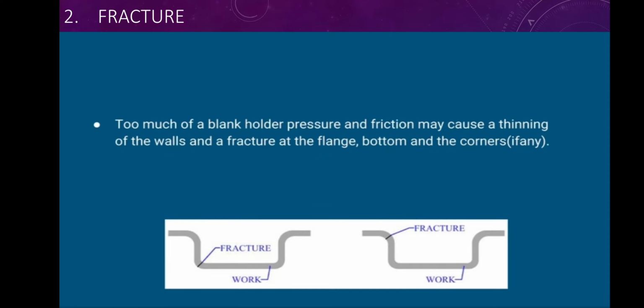Now fracture. Fracture is the separation of an object or material into two or more pieces under the action of stress. The fracture of a solid usually occurs due to the development of certain displacement discontinuity surfaces within the solid.